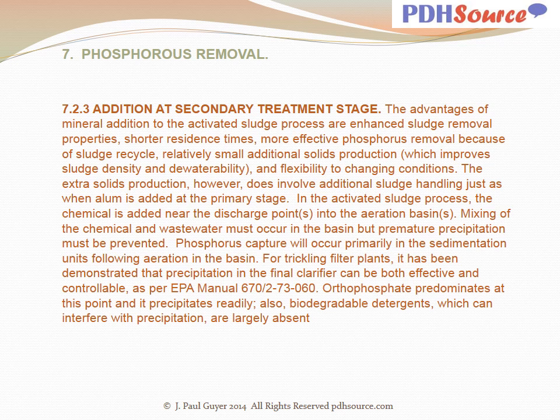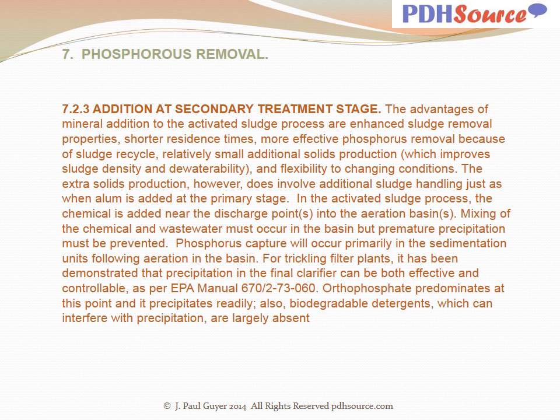The extra solids production, however, does involve additional sludge handling, just as when alum is added at the primary stage. In the activated sludge process, the chemical is added near the discharge points into the aeration basins. Mixing of the chemical and wastewater must occur in the basin, but premature precipitation must be prevented. Phosphorus capture will occur primarily in the sedimentation units following aeration in the basin.